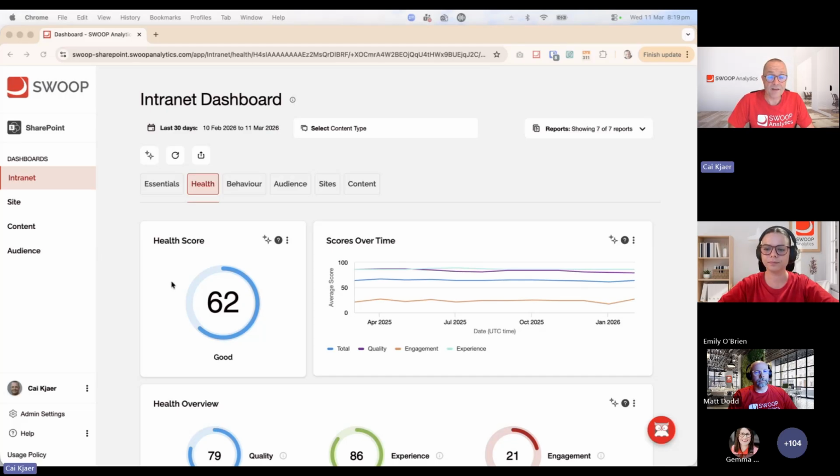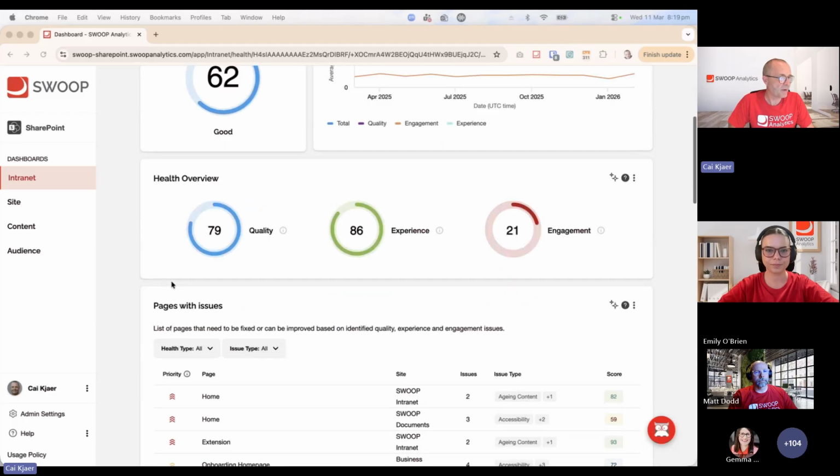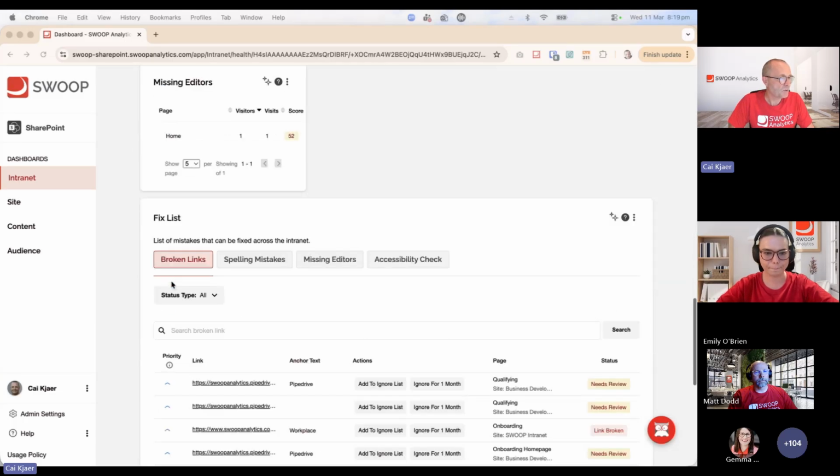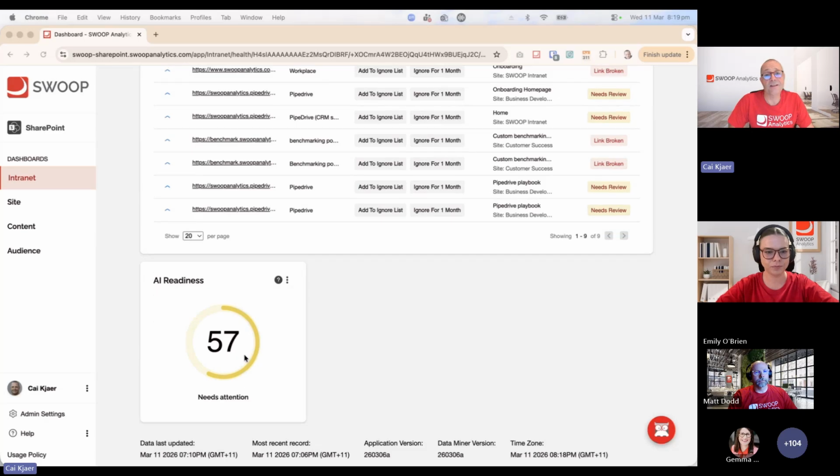But Emily went through the components that make up our AI readiness score. So I'm just going to scroll down to the bottom here and show you what ours looks like. It's 57, which is bordering on acceptable. It does have this attention flag. It needs to get up to, I think the threshold is 60, before it gets a good mark.